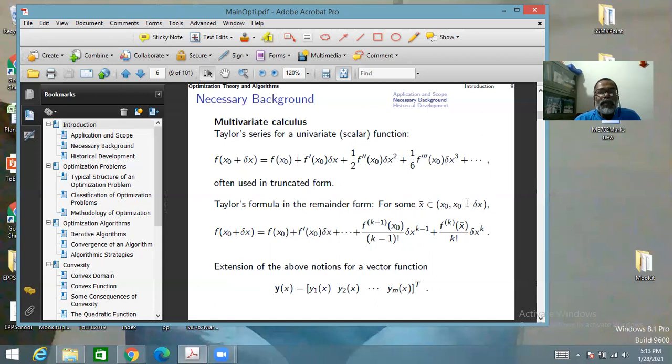Okay. Extension of these notions, Taylor's series, Taylor's formula, etc., to a vector function is immediate, straightforward. On each of the y1, y2, y3, y4, there will be one such formula. So it will be a vector formula. So rest of it is same. Okay.